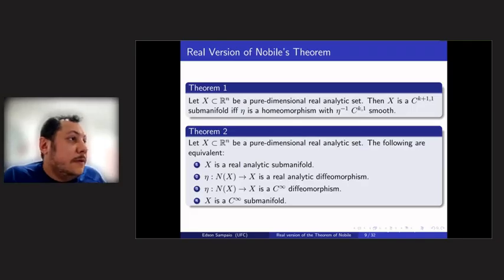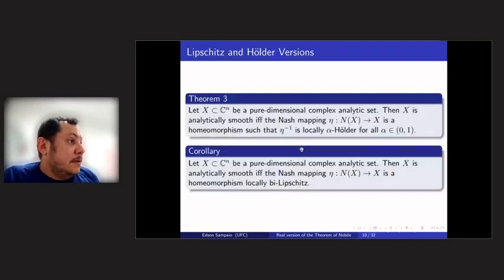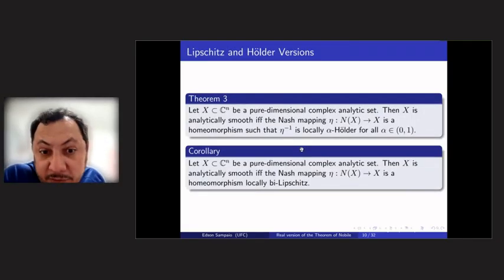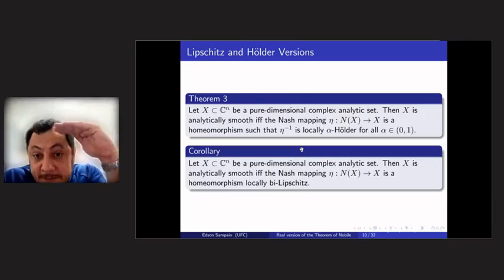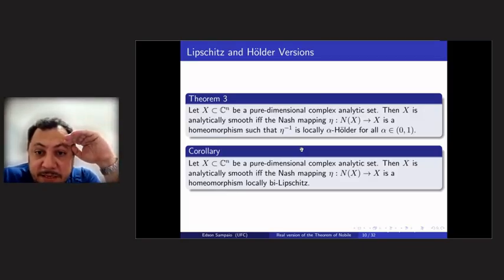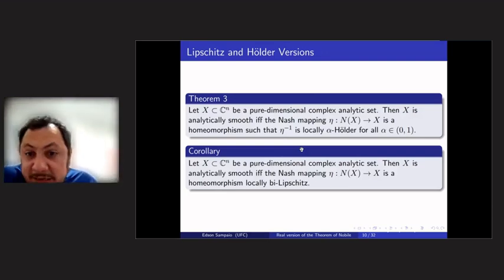So another theorem is the real Lipschitz and Hölder versions of this theorem. In fact, I only need to ask for regularity on eta. The only regularity that I need is that the inverse has to be locally alpha-Hölder for all alpha.